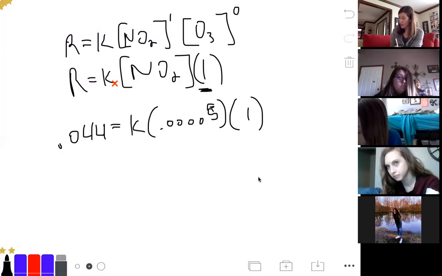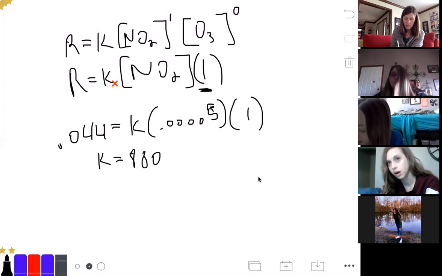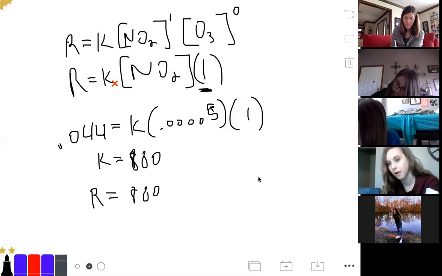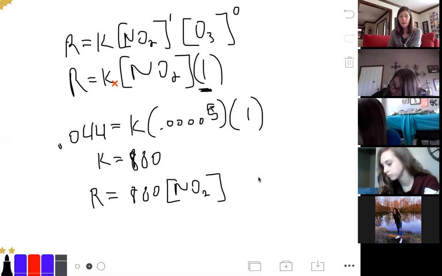Then I just solve for K, and K should come out to 880. And then we're left with R equals 880 times [NO][NO2], because it's raised to the first power. So that is the rate equation for that reaction.